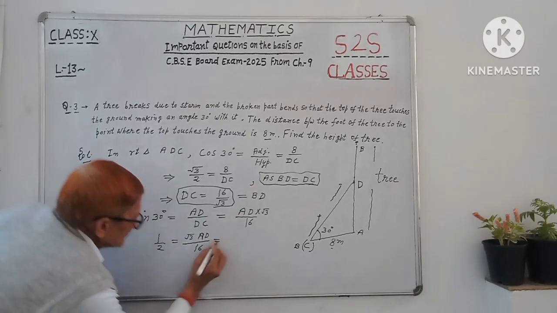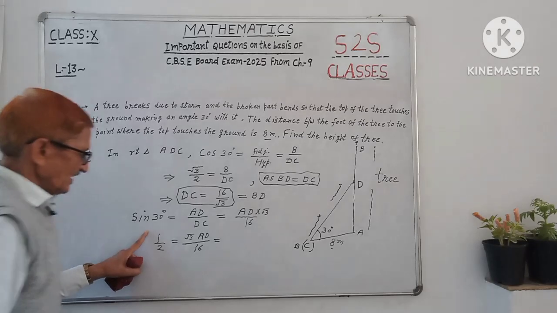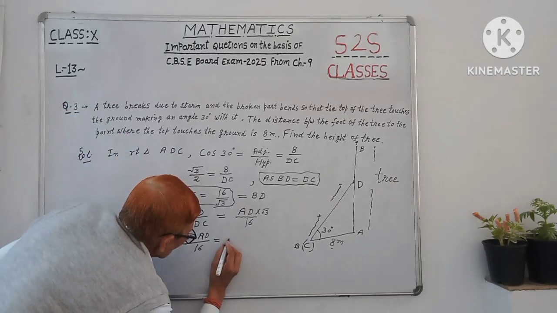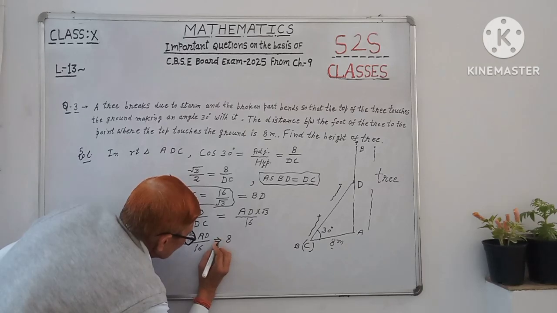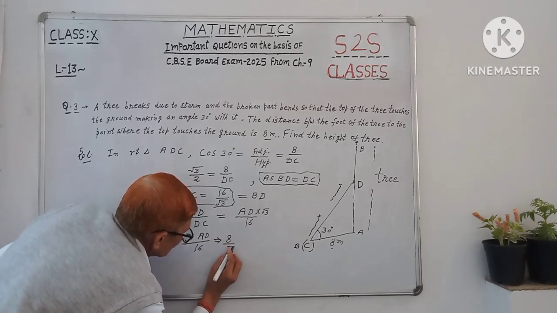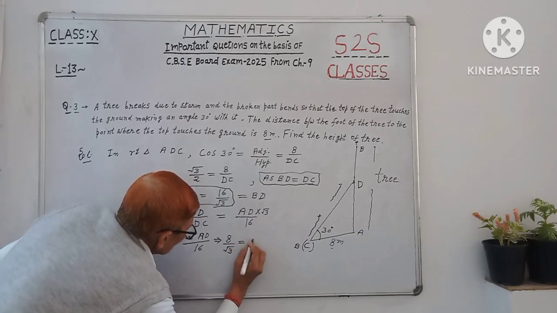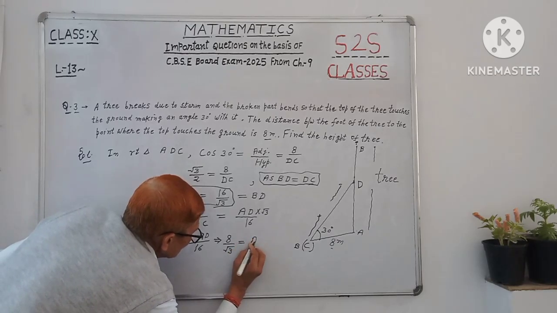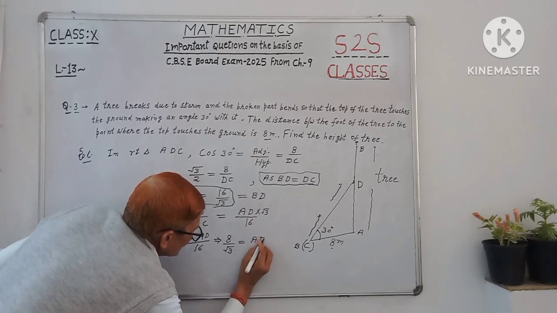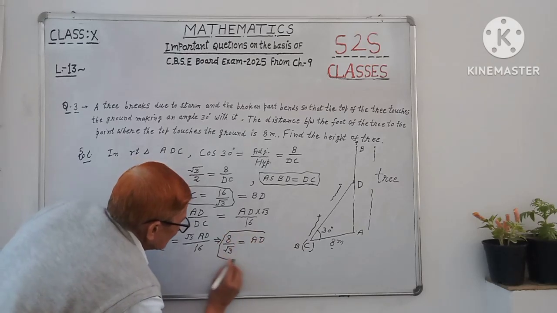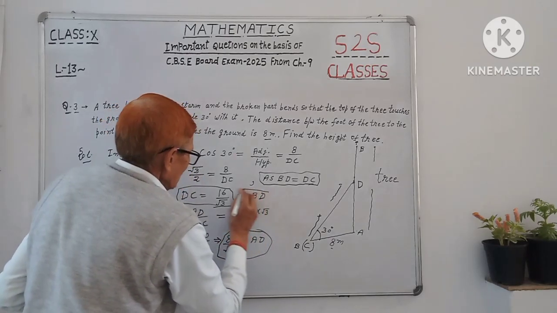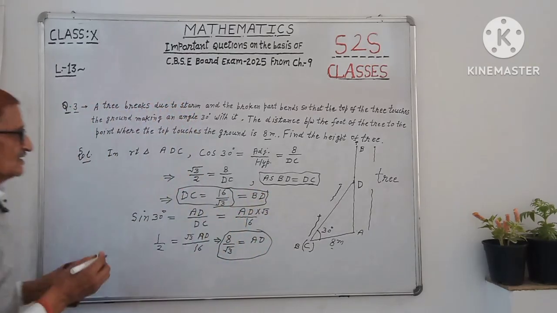Then this implies 16 comes here, so it becomes 8, so 8, this implies 8 upon root 3, the divide comes here, is equal to AD. Then we got AD and BD both.